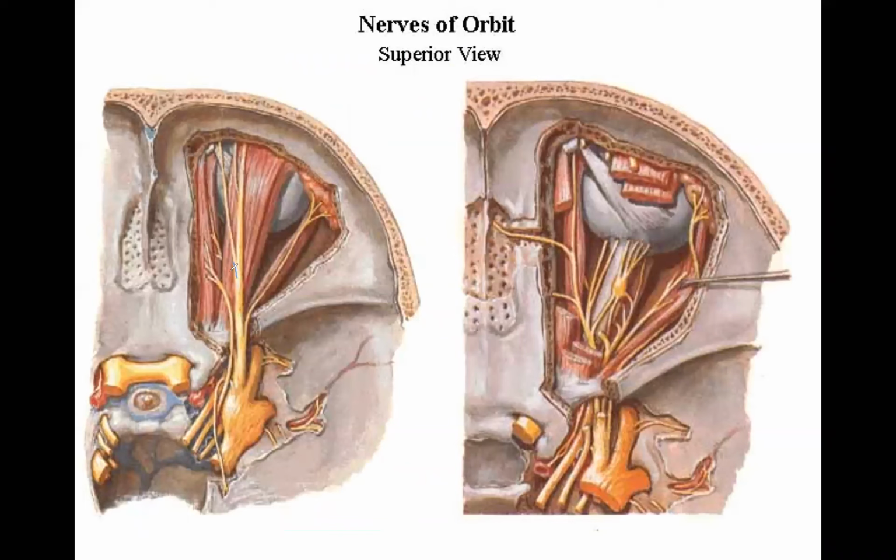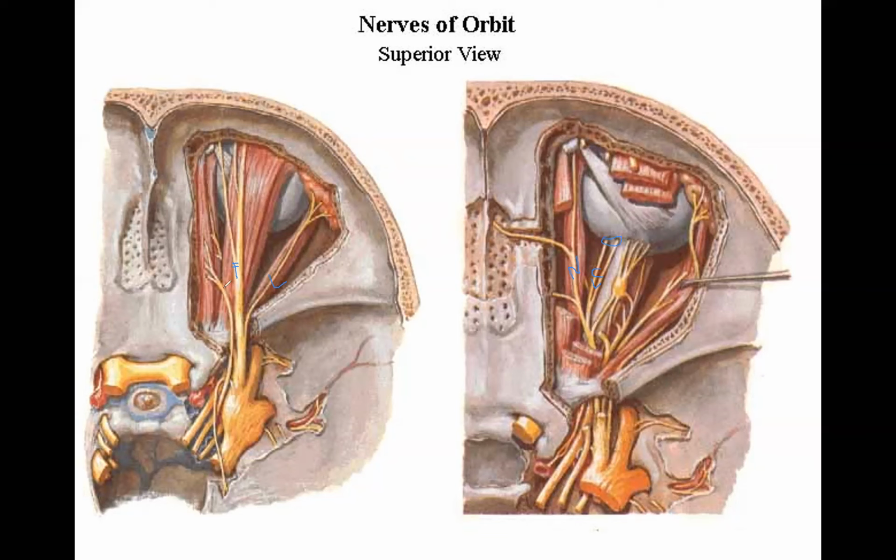So we have the frontal and lacrimal and nasociliary nerves, which are branches from ophthalmic, the same these, long ciliary supplying the eyeball, as you can see it enters the eyeball here. So these come from the ophthalmic.